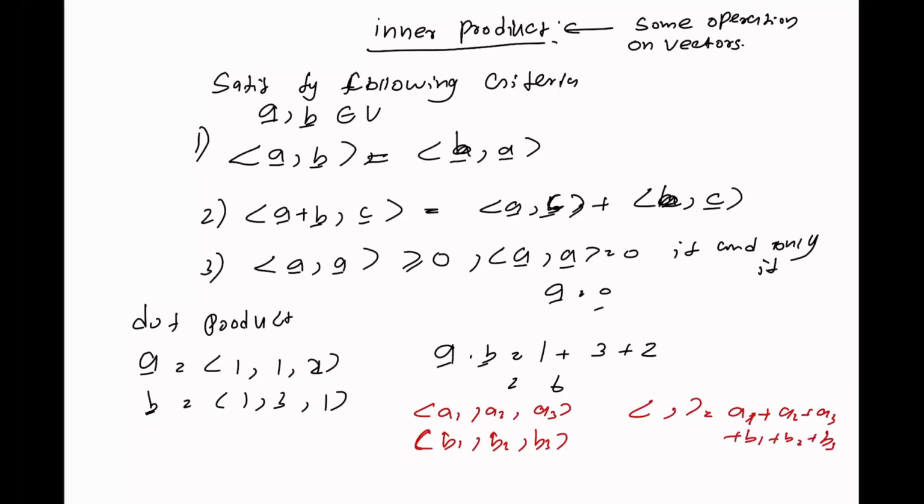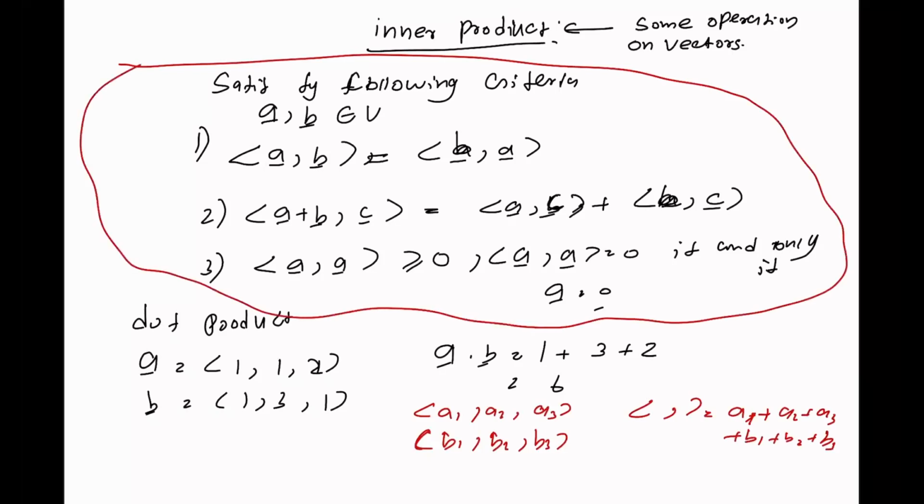We don't know, right? You can define something like this. But whatever way you define, I'm not sure that it will satisfy this equation or not. You can define it anyway. But if it is to be an inner product, you can define that operation in any custom way, it should satisfy these three criteria.